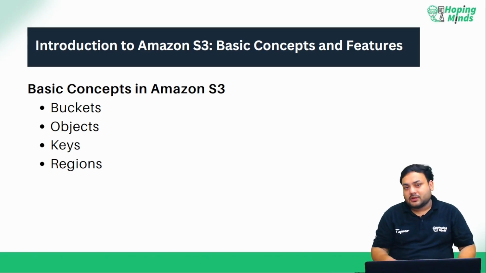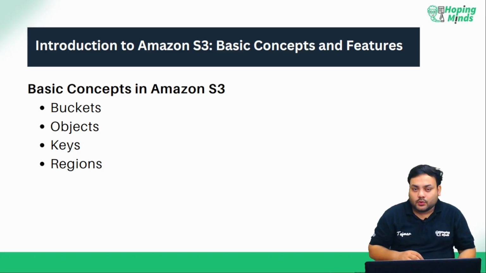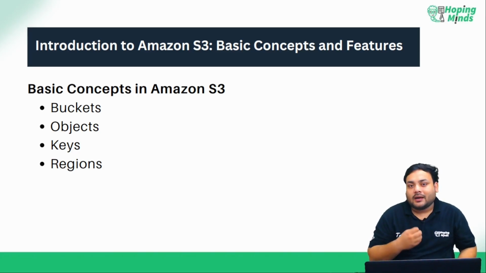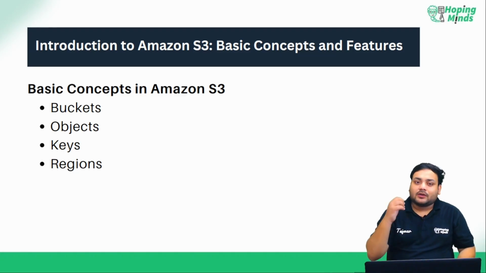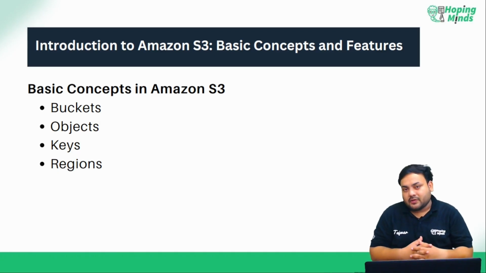Then we have the region, meaning the particular region in which our storage is defined, or in which we are creating and storing our objects. These are the basic concepts of Amazon S3.